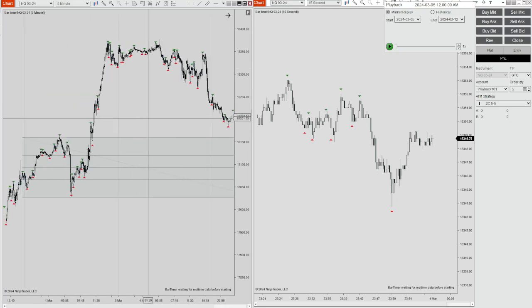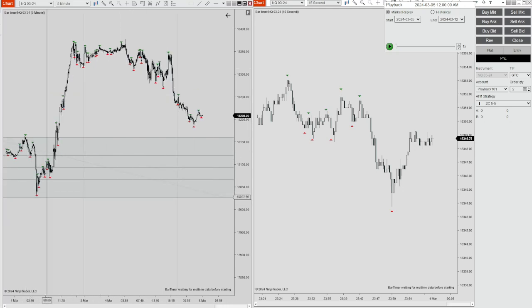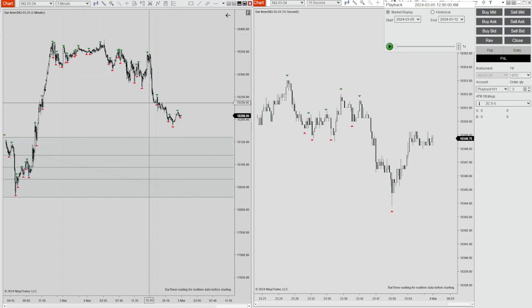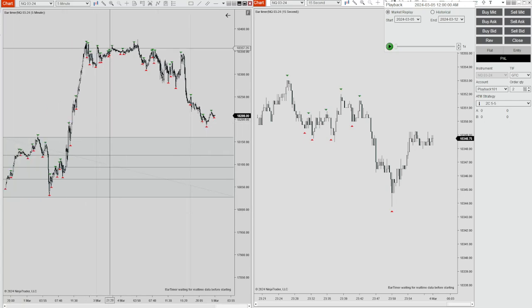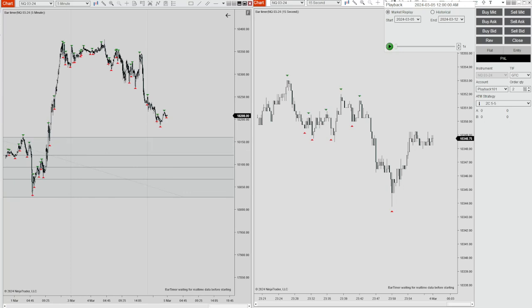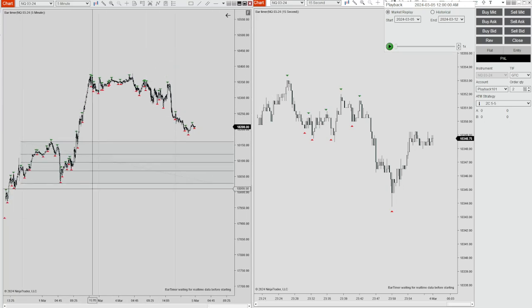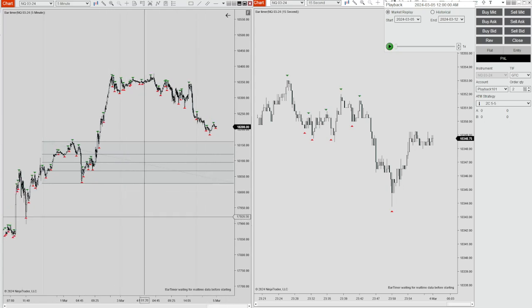It still does look like internal structure to me, where this is the swing low on the 15, and here we're just making internal structure down, right? So lower time frame facilitates to higher time frame structure. The higher time frame is king until it's not.